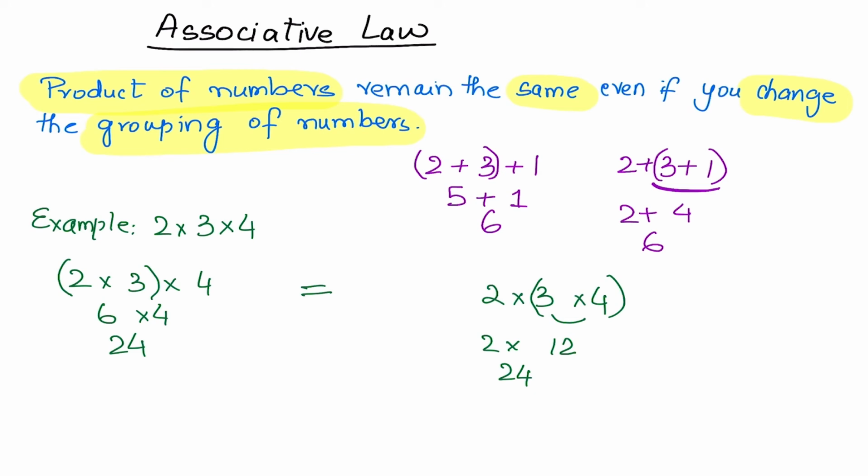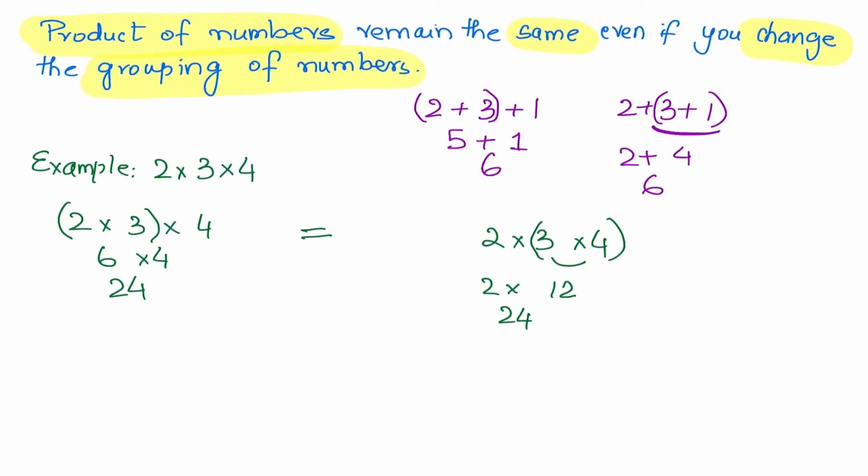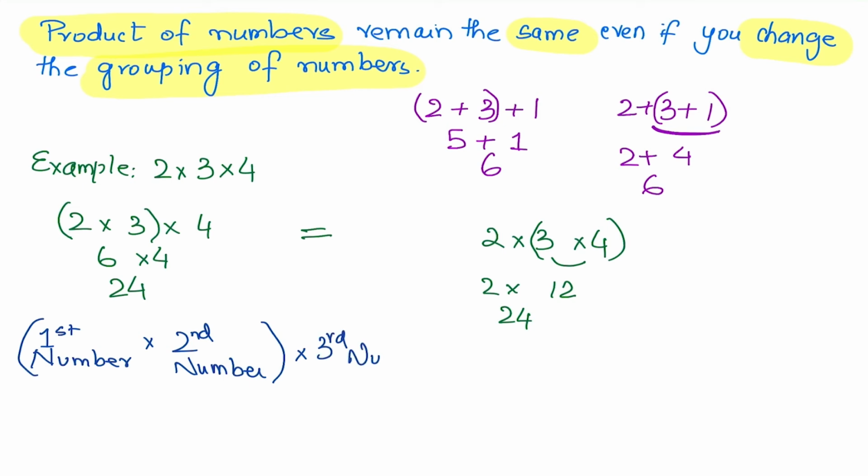So here I can write first number times the second number. If you group them together, then you multiply the result with the third number. It will be equal to the first number multiplied by the group of second and third number.